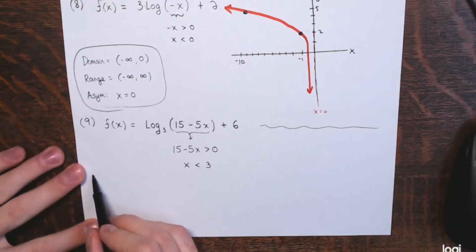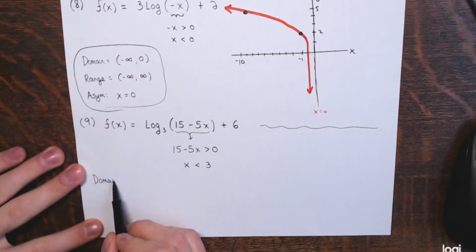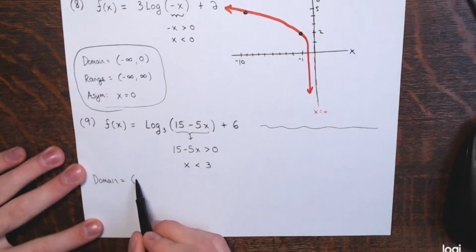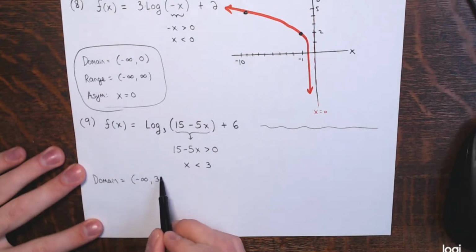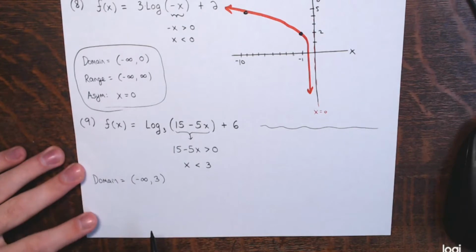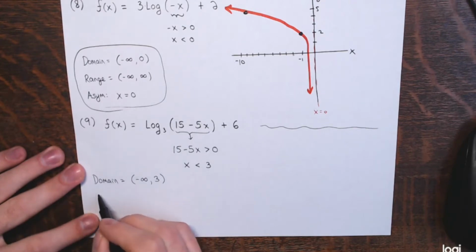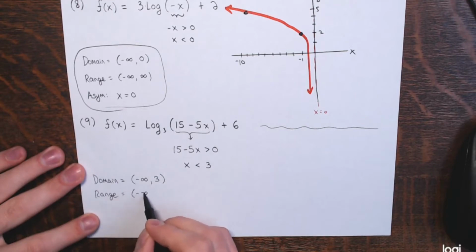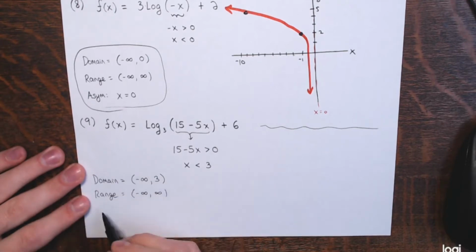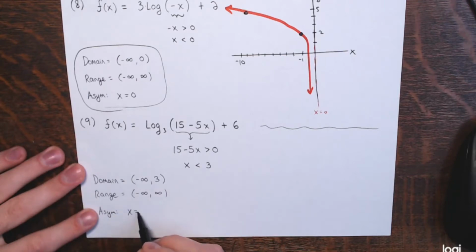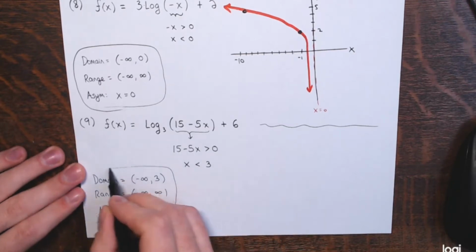So the domain of this function is all the numbers less than 3, everything from negative infinity up to 3, not including 3. The range is all real numbers again, and the asymptote is going to be at x equals 3. And that's all they wanted, and once again I'll make a quick sketch.